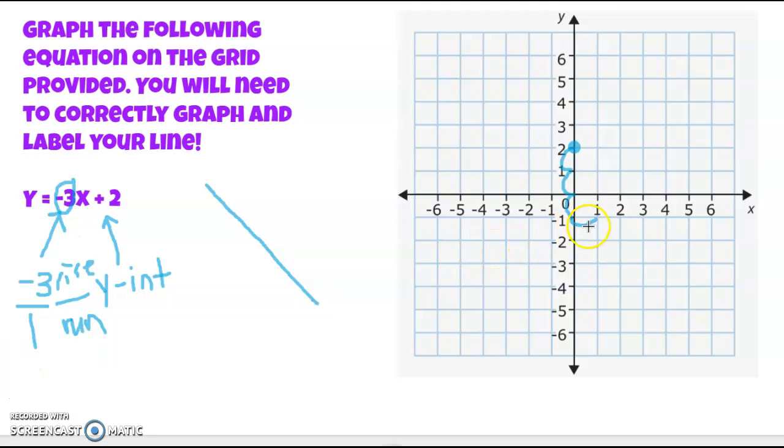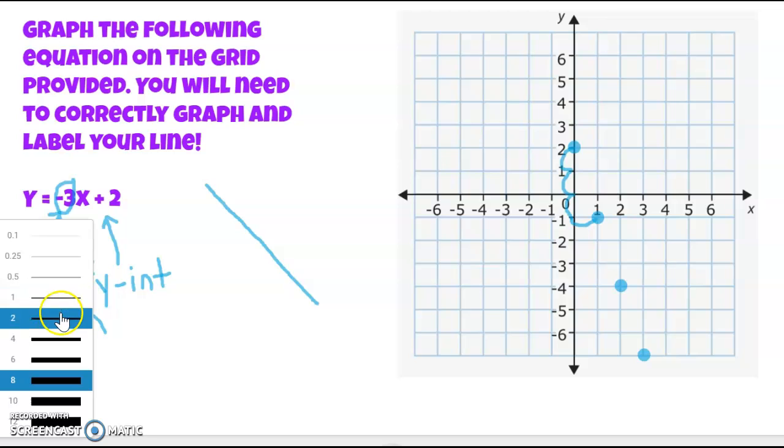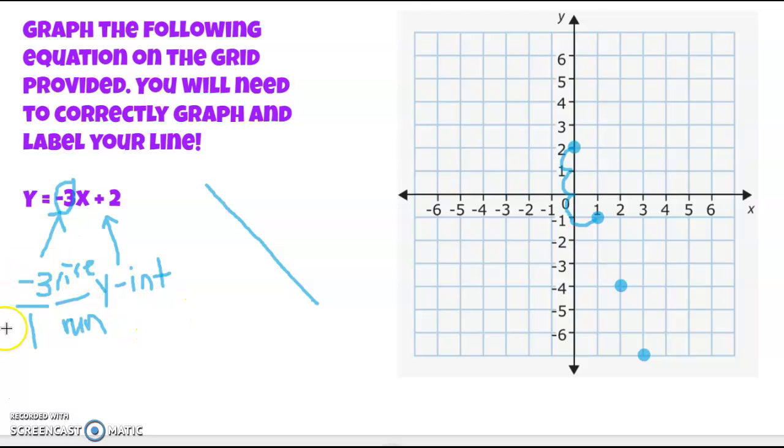I'm just trying to make my point a little bit bigger. There we go. I'm going to continue the same process across the page. Down 3, over 1. Down 3, over 1. Now try to remember, if I'm going across the page in the other direction, I have to do the complete opposite of what I started with.